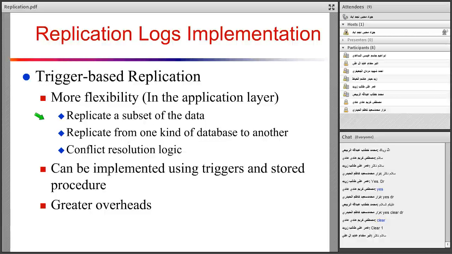It's not related to advanced database. But this technique can cause more overhead for the system.